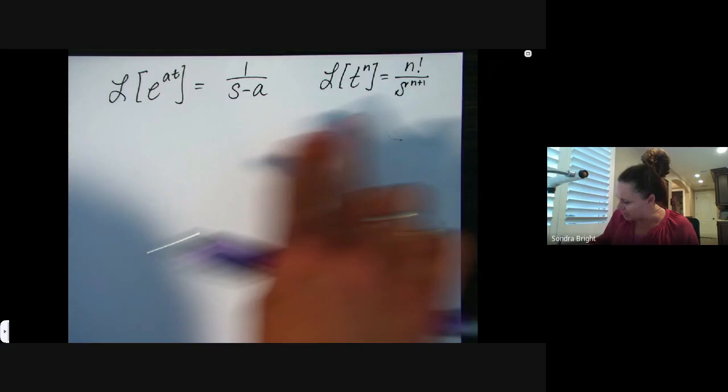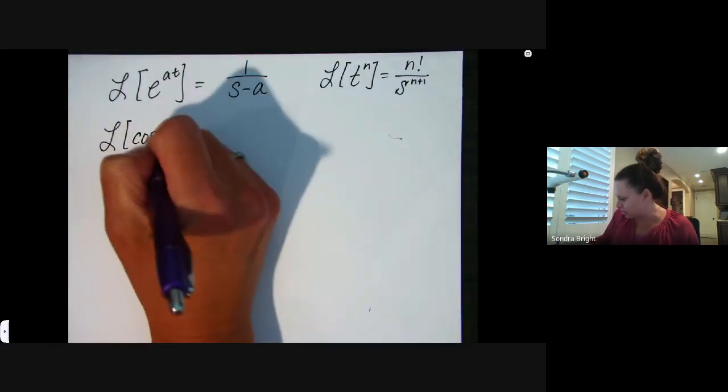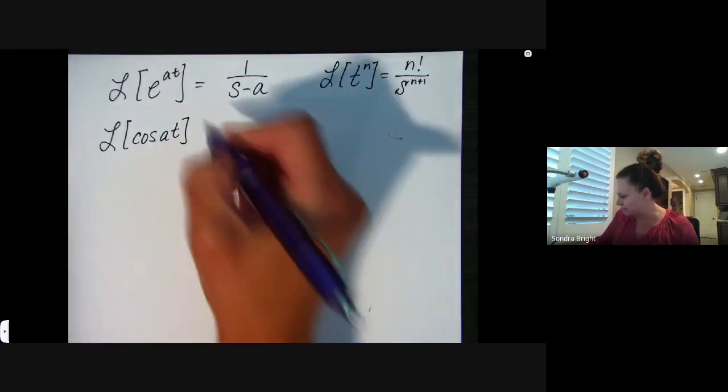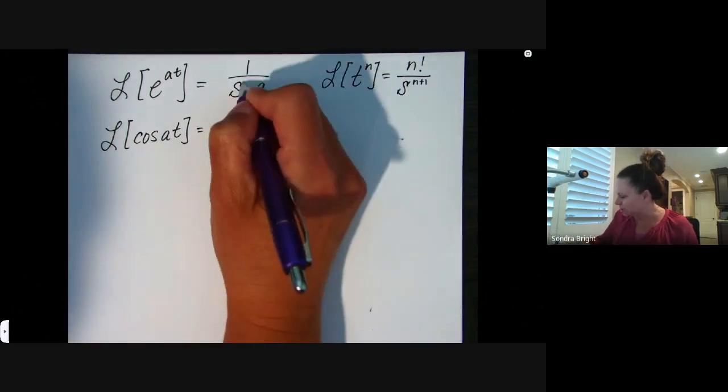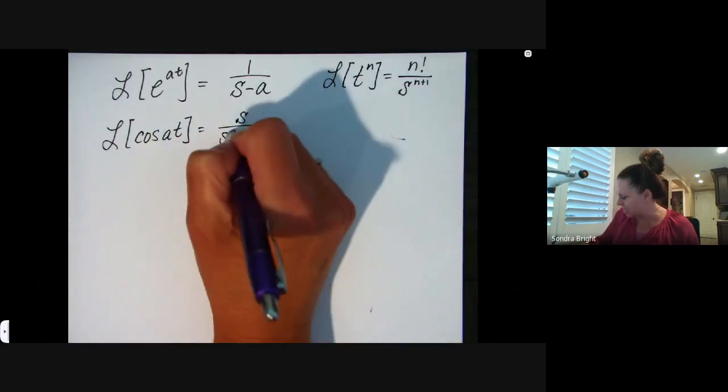It also turns out, which we'll use frequently, is the Laplace transform on cosine of at will be s over s squared plus a squared.